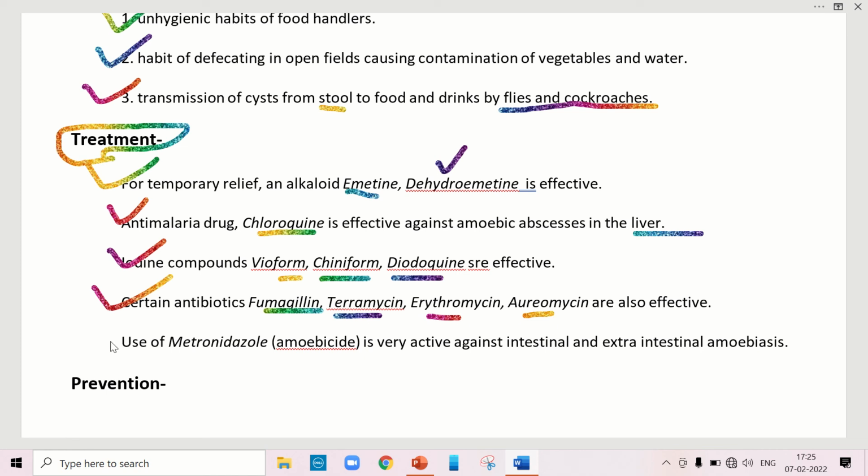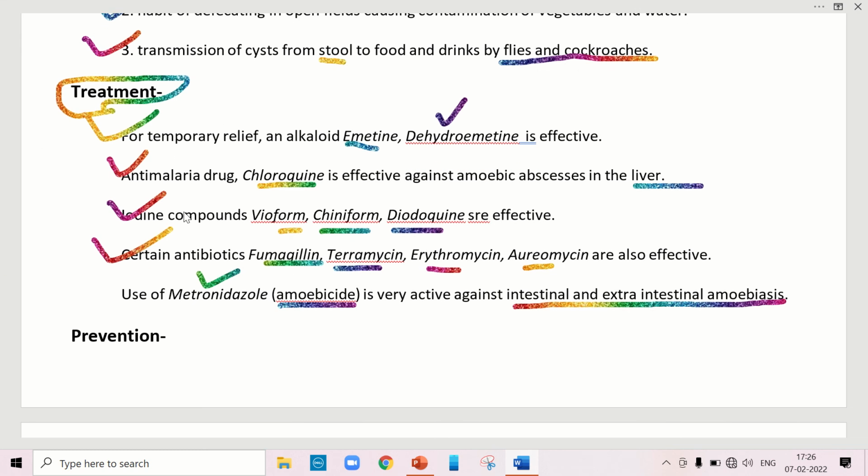Perhaps the most significant advance in the treatment of amoebiasis has been the use of metronidazole, which is an amoebicide, very effective against intestinal and extraintestinal amoebiasis. So these are some drugs or medicines used to control the disease.